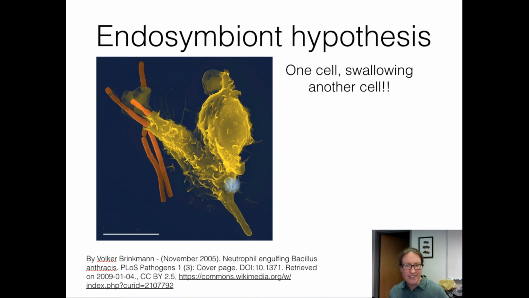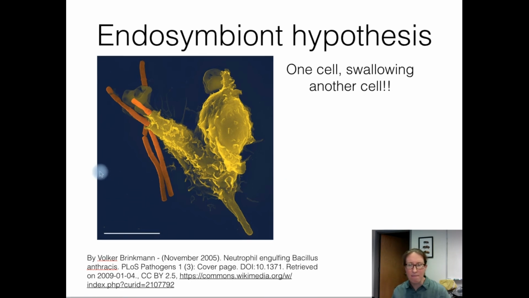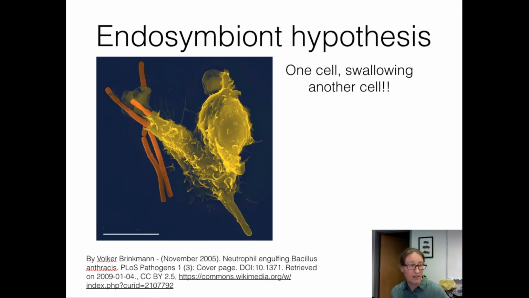So the idea behind the endosymbiont hypothesis is that maybe one cell swallowed another, and then instead of killing and digesting the swallowed cell, what if it kept the swallowed cell instead? And what if that swallowed cell provided something useful to the cell that swallowed it?